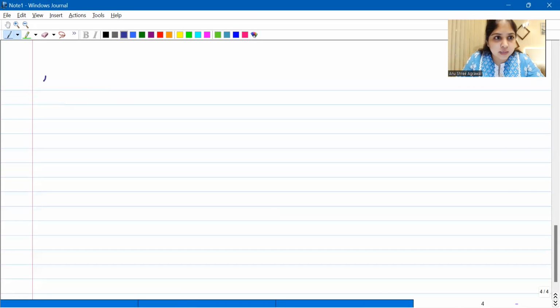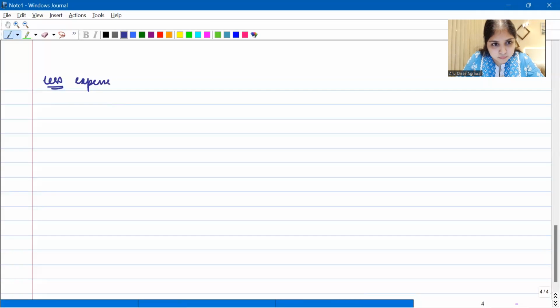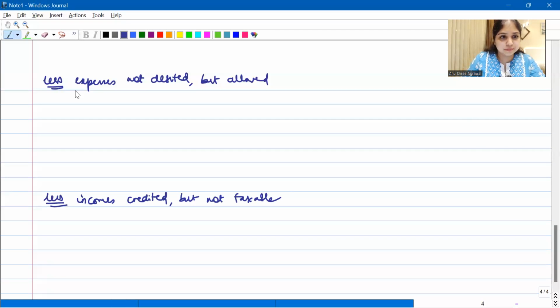Then we'll subtract expenses which are not debited but allowed, and finally we'll subtract incomes which are credited but not taxable.